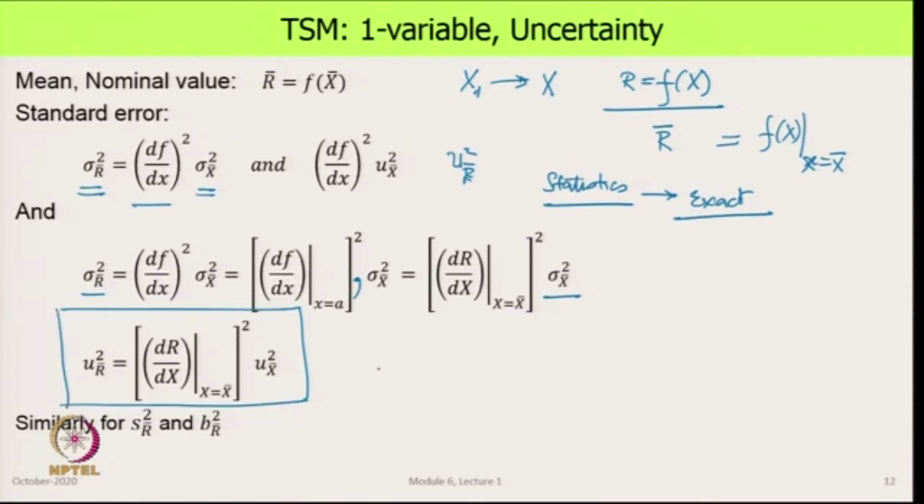We know the function r as a function of x. From that we can just differentiate and calculate dr by dx. Then substitute and get its value at x equal to a. This gives us this term inside the square bracket. The square of that multiplied by the uncertainty in the measurement, this is what is u x bar. This gives the square of the standard uncertainty in the result.